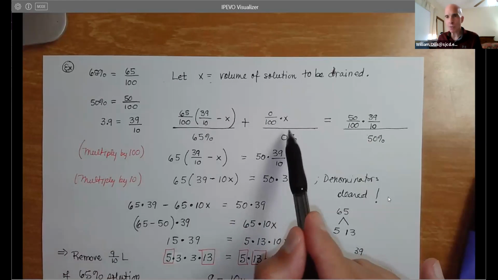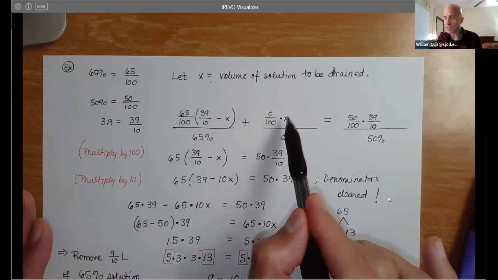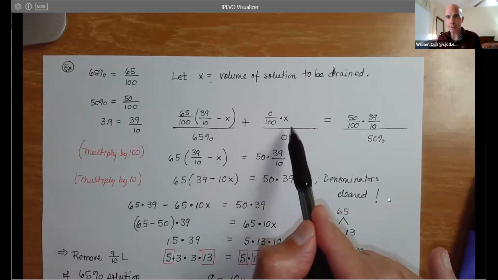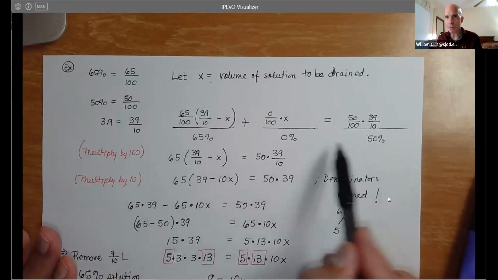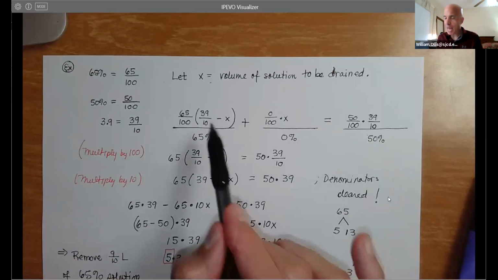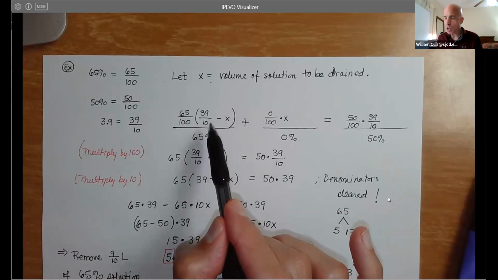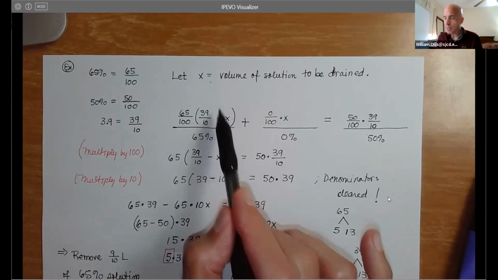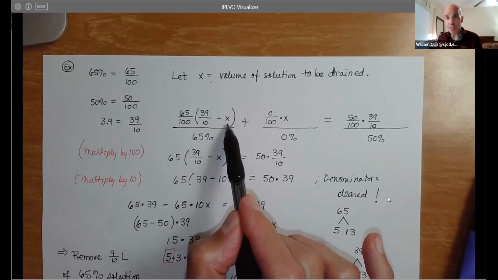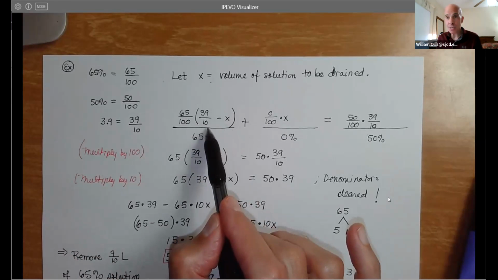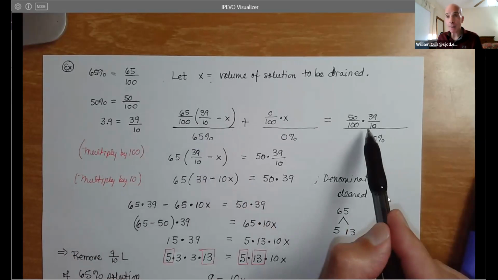So you have to really remind yourself of this so you don't put something over here that's incorrect. This is all percentages of antifreeze. And we have to make the correction here to show that we're removing this number of liters, X liters, from the 65% solution so we can obtain the 50% solution.